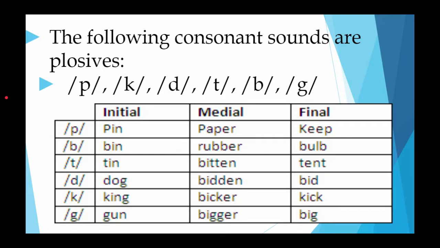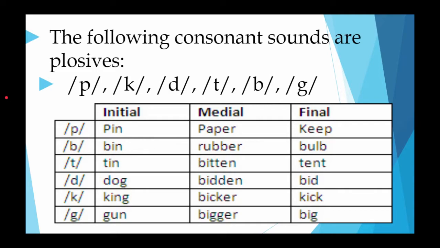Then in the B sound, we will find the B sound in the beginning or in the initial of the word bin, in the middle or the medial of the word rubber, and in the final part of the word bulb. Initial and final of the word bulb.